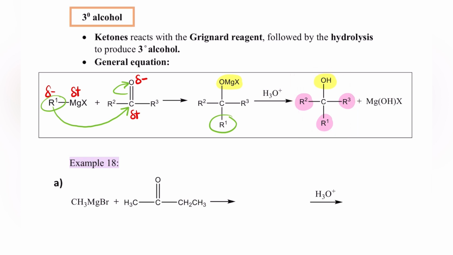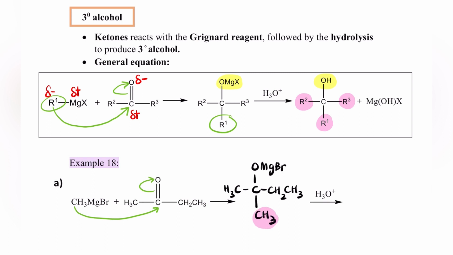Let's try example 18A. So same concept, which is this CH3 dia akan attack this one and double bond kepada O. So copy balik awak punya structure of ketone, this one without double bond anymore. So saya copy balik ketone, and then this bond dia akan attach kepada CH3. So this CH3 is coming from this side.